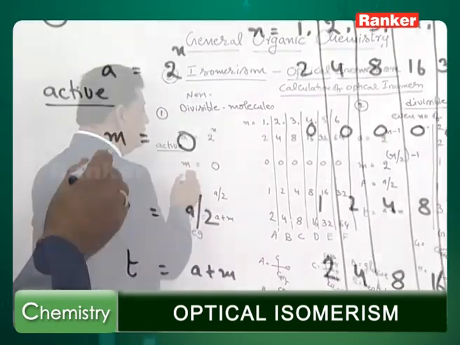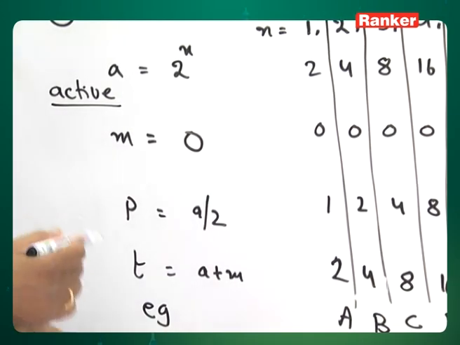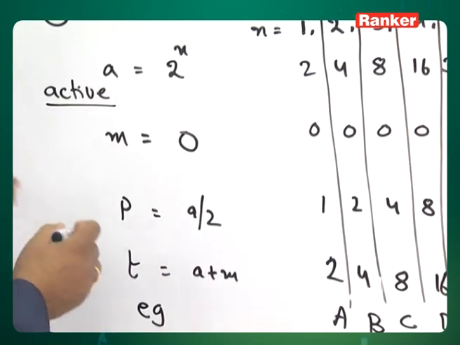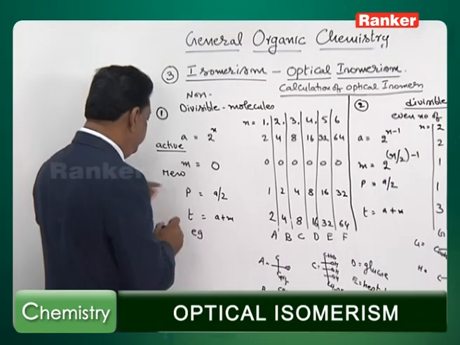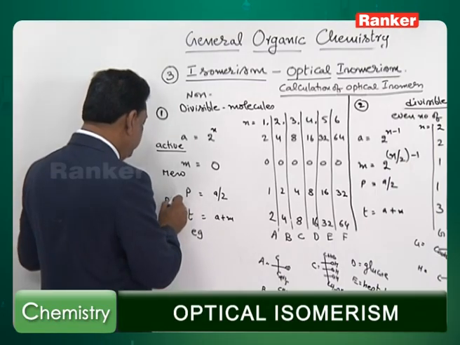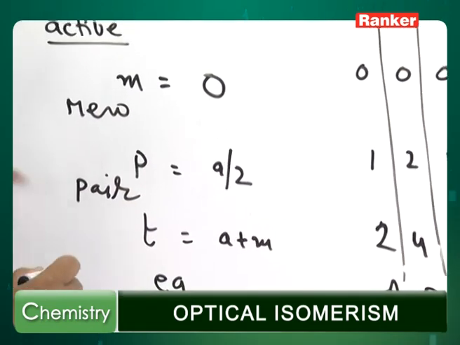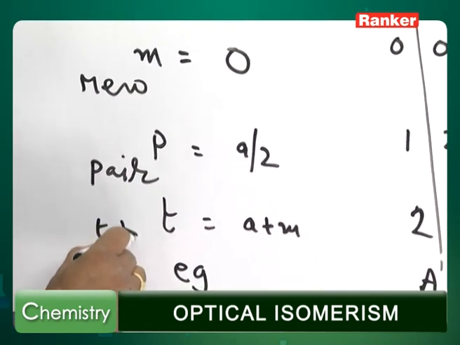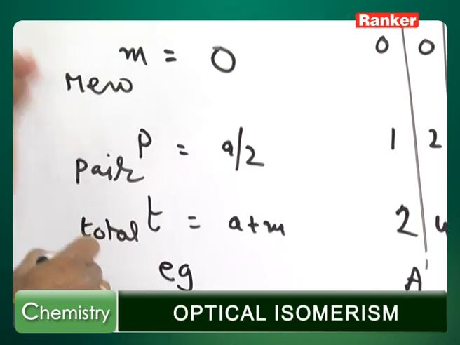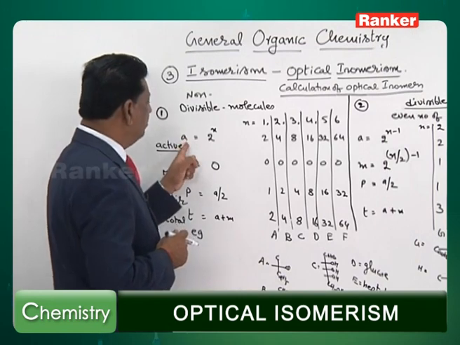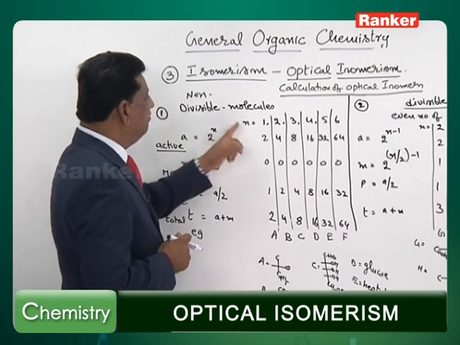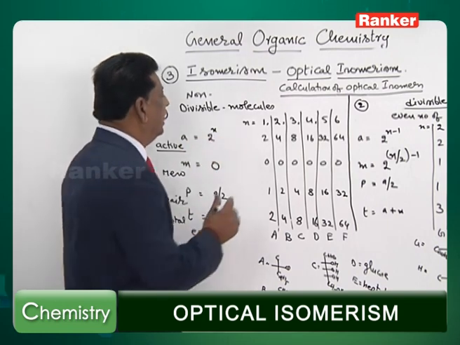M stands for the meso type of compounds, which have chiral carbons but internal compensation. P is for the pairs, how many pairs we are getting. T is for the total isomers. So let us have some abbreviations and then follow them. The A, that is total active members, will be 2 to the power of n, where n is the number of chiral carbons here.